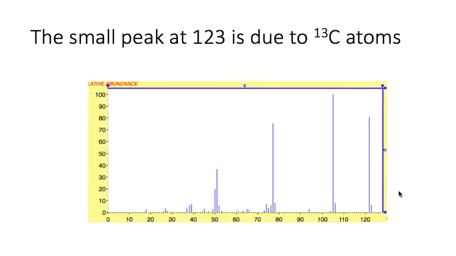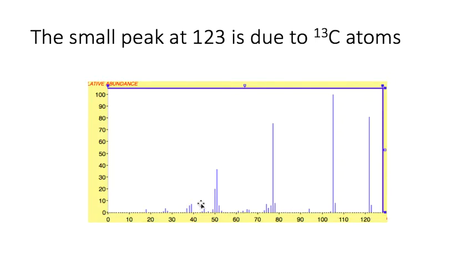But the more carbon atoms in a molecule, the bigger this M+1, this mass +1 unit peak will show up. And this one here is maybe about 1/10 as big as the other one, which would imply that it's got maybe about 10 carbons in the molecule.